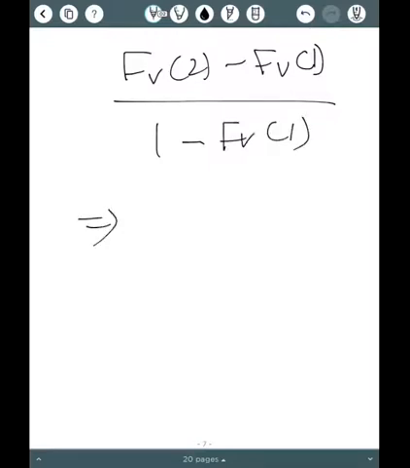ठीक है, सो F(2) आपका क्या हो जाएगा, it will be okay, हाँ.